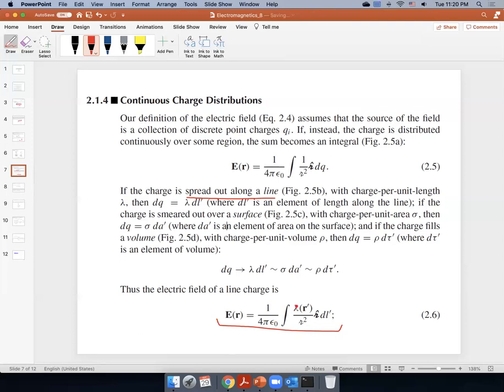We need to know lambda, the linear density of the charge. Then we need to know r squared, the distance between your dl prime and your test point P. And we need to know the direction between your dl prime and your test position. And then we need dl prime and do the integral.